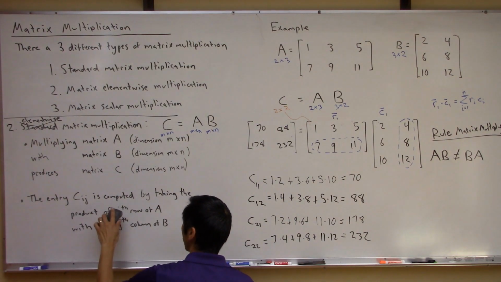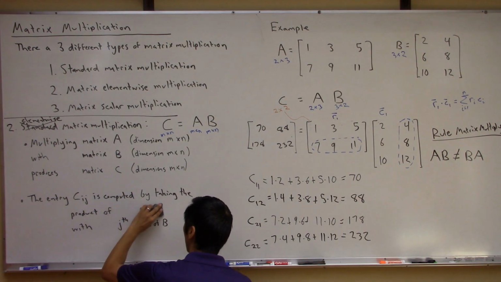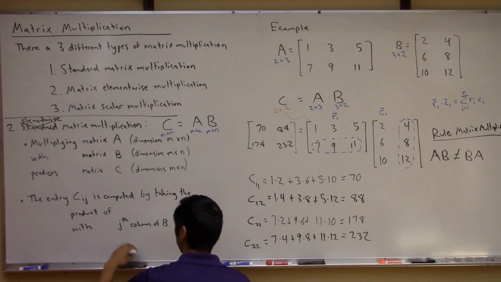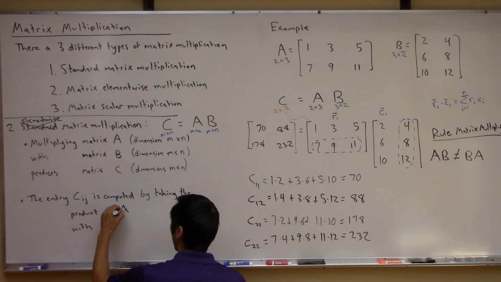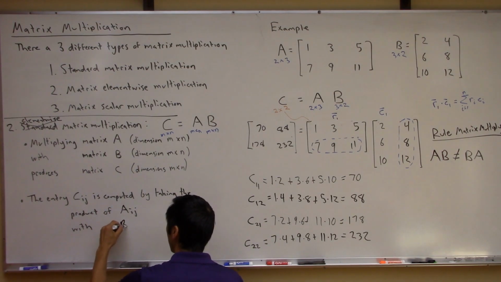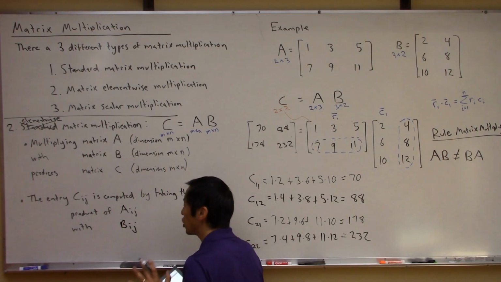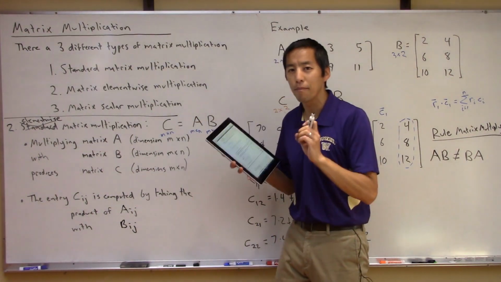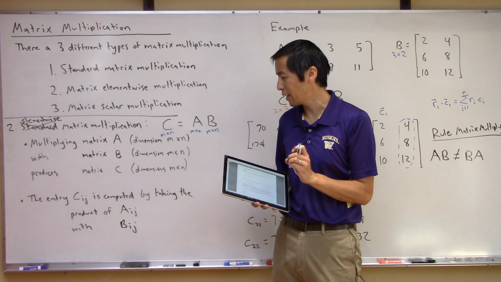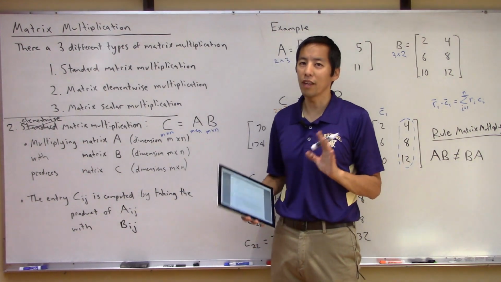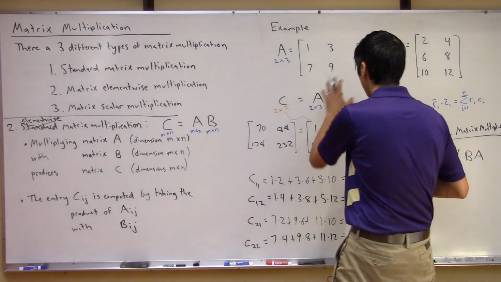You don't have to deal with this row and column anymore. You just take the product of Aij with Bij. So literally you are just multiplying each element with the corresponding element in the other matrix, right? So the rules for this are exceedingly simple. So let's look at an example.